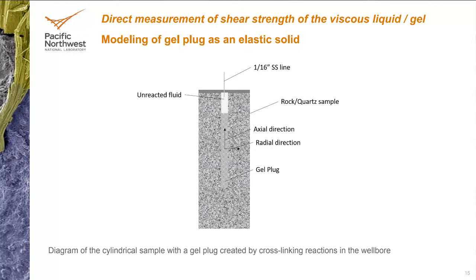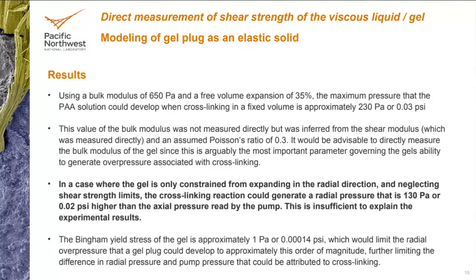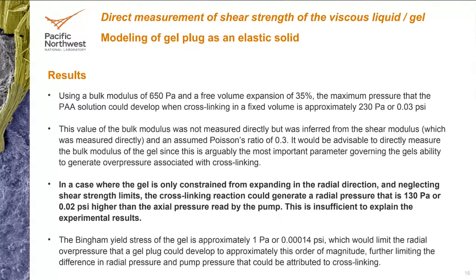We treat this shell as an elastic solid, and we determine, using viscosity measurements, the bulk modulus of the material. Based on that bulk modulus, a 35% increase in volume expansion, let's say at 200 Celsius, about 50%, but let's say 35%, what would be the pressure if that shell was not destroyed by the volume expansion?